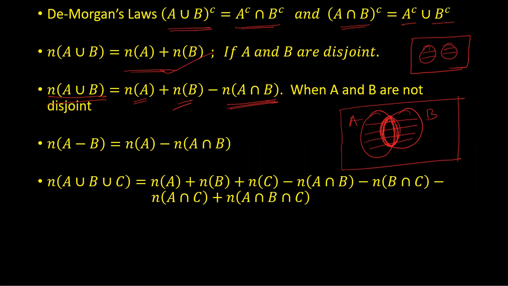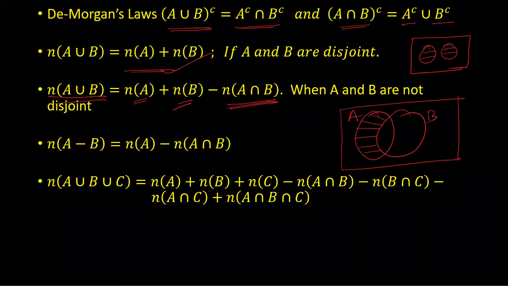So one count must be subtracted to get the cardinality of the union. Now let me tell you about n of A minus B. This is A and this is B. A minus B, as I have told you, is just this part.